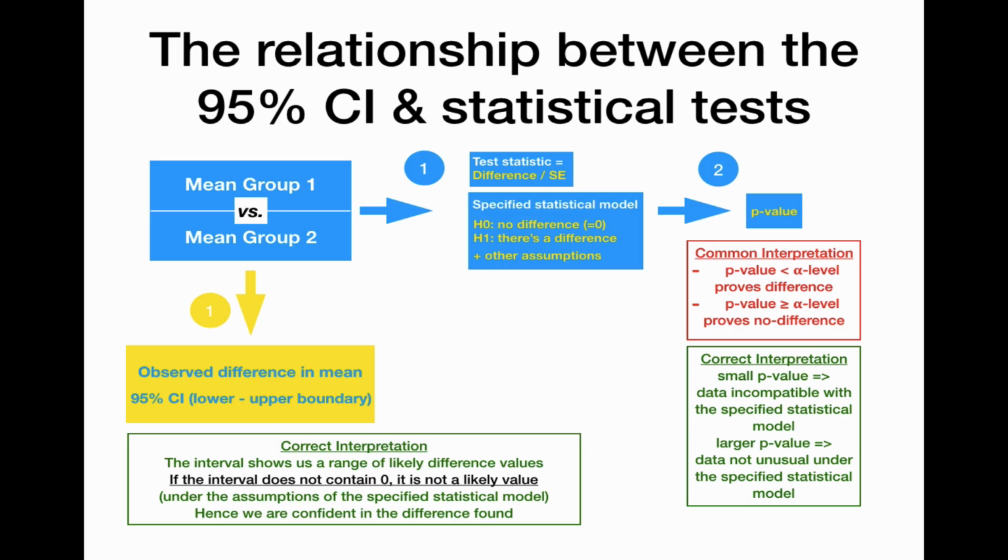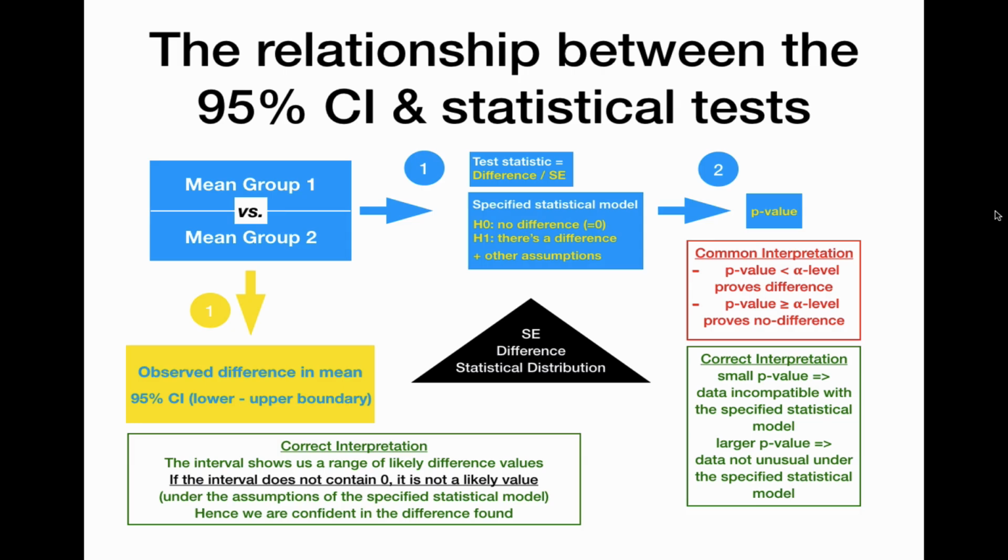And so we actually derive a lot of information from a 95% confidence interval that is also supplied by the p-value. And that is because they share a lot of things, among which the difference in means that we have found, the standard error, and a certain statistical distribution, like the t-distribution or z-distribution, chi-square distribution, etc. So to recap, the p-value is informative, but it shouldn't be used as a binary category.